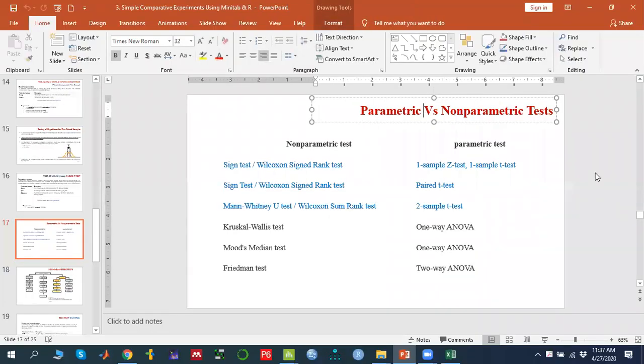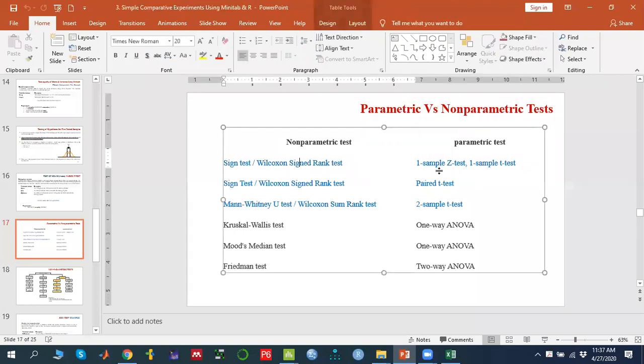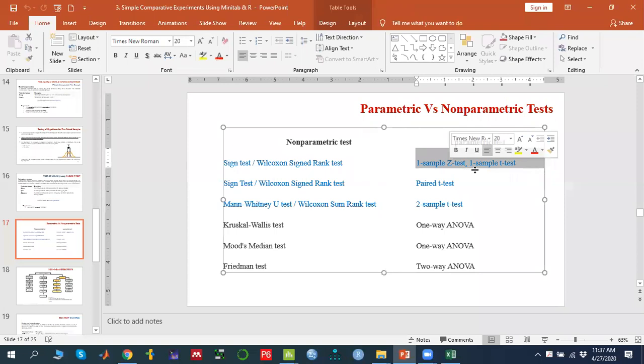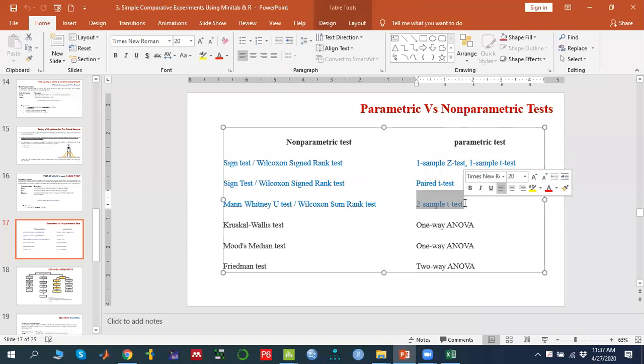Okay, so till now, what we have discussed: we have discussed one sample Z test as well as one sample T test in the previous lectures, as well as we have tested the paired T test as well as two sample independent T test.